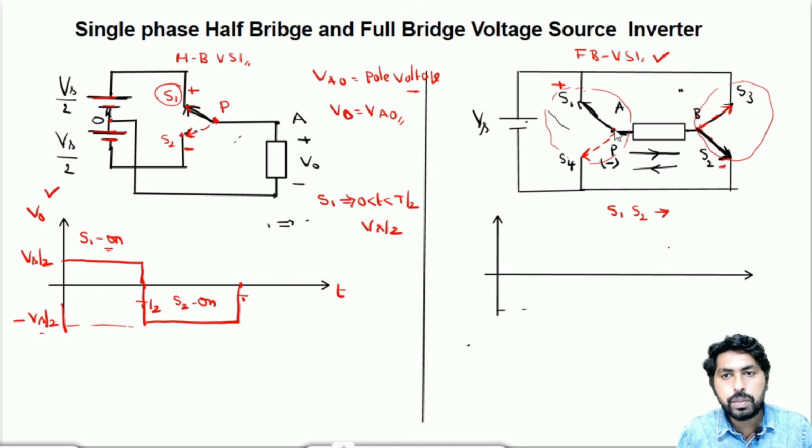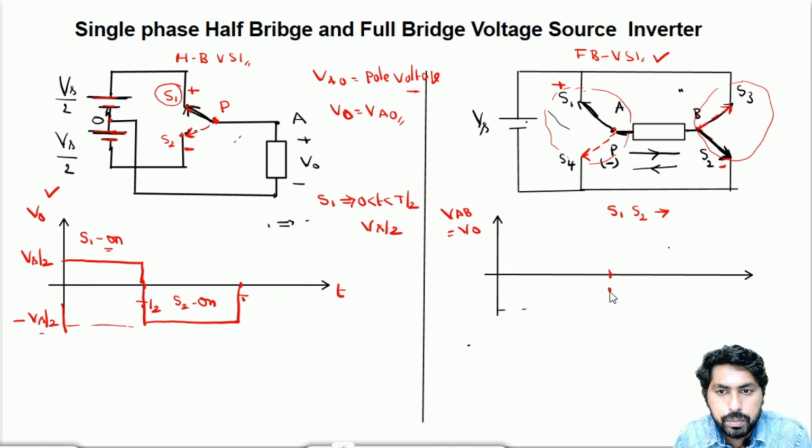A is connected to the plus and B is connected to the negative. Let VAB equal V0. If S1 and S2 are closed for the period of T by 2, the current flows from A to B in this direction and the output voltage will become plus Vs.